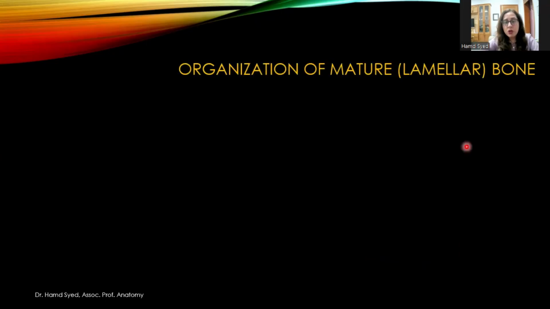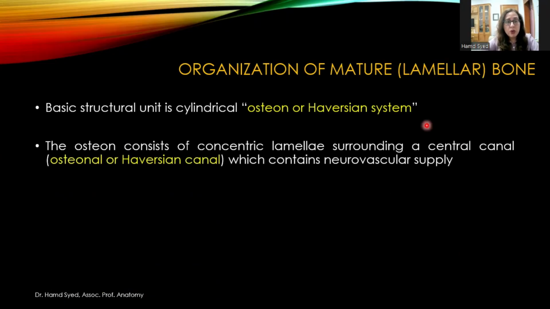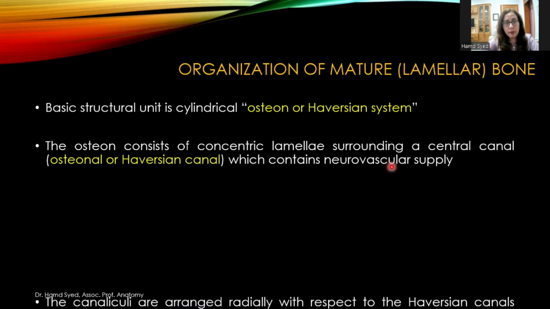Now, what is the organization of the mature or lamellar bone? I told you the basic structural unit is the osteon. It is also called the Haversian system. The osteon consists of concentric lamellae surrounding a central canal, which is the Haversian or osteonal canal, and that contains the neurovascular supply.